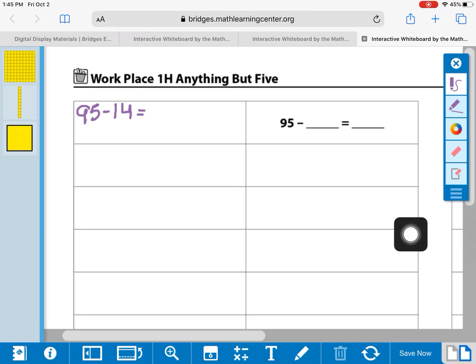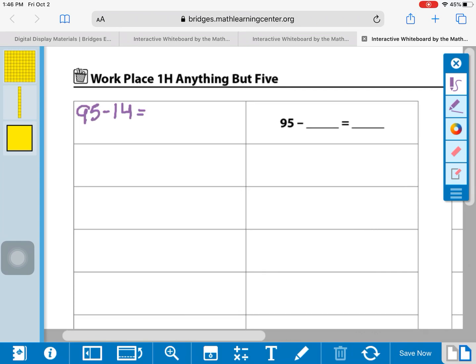Now, I might need to use my whiteboard for some of this. As you can see, there are also some hundreds and tens blocks up here in case you need them to subtract from base 10. You could use a number line. I love to have my students have their whiteboards out because some of these equations aren't as simple to do in our head.